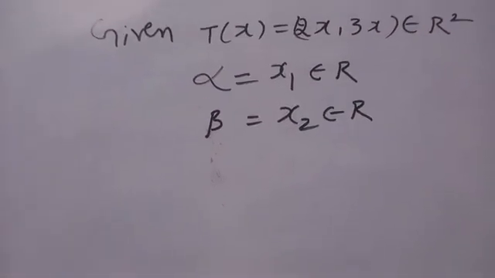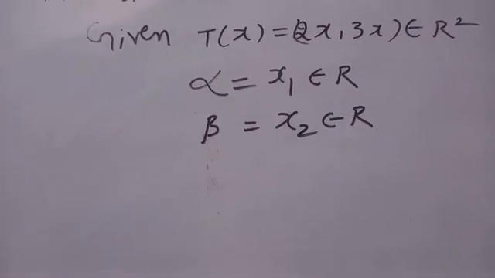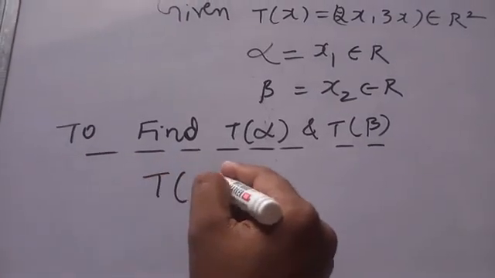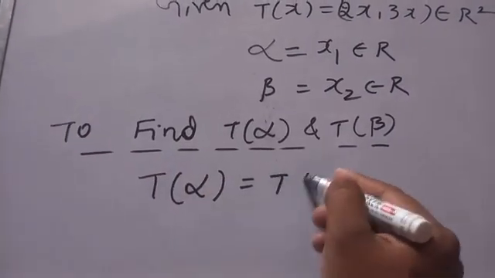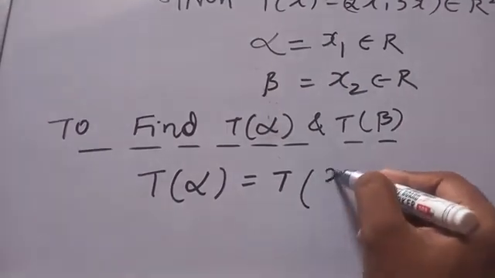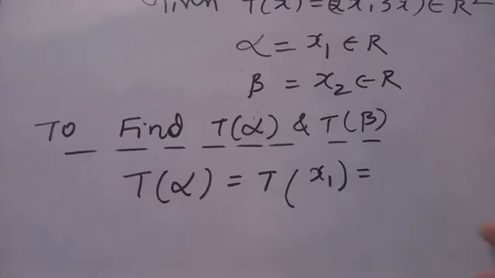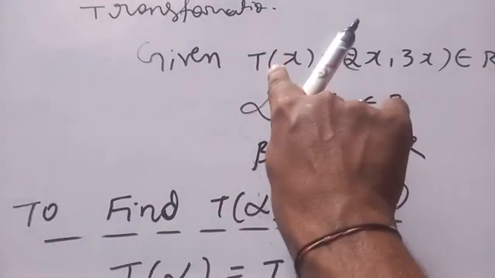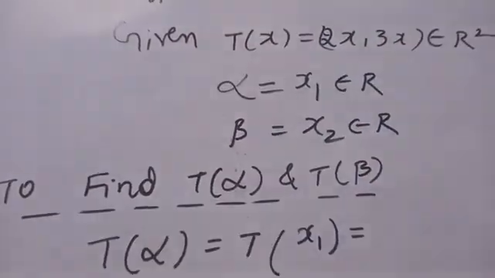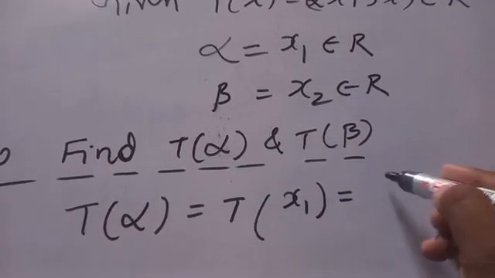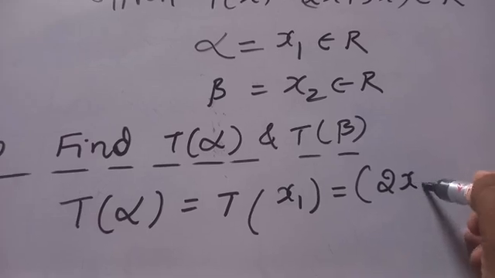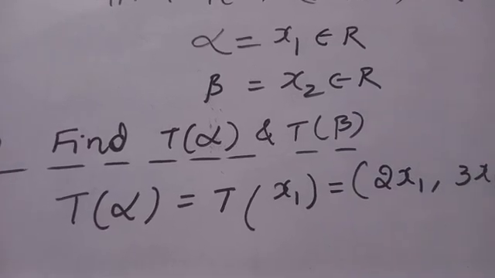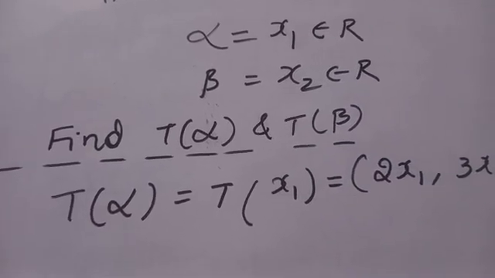Next we have to find T of alpha and T of beta. So T of alpha: alpha is equal to x1, so T of x1, given T of x equals (2x, 3x). So T of x1 is equal to (2x1, 3x1), which belongs to R square.